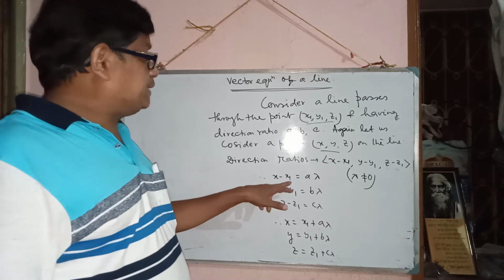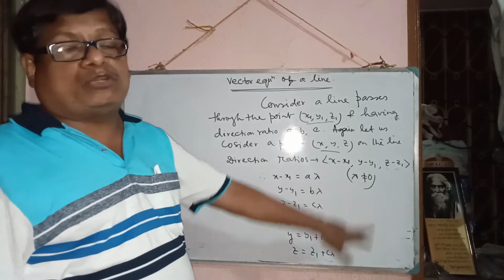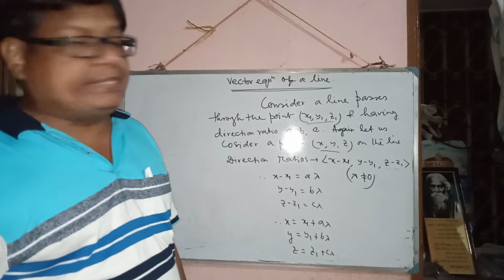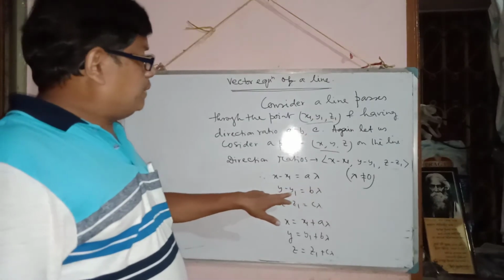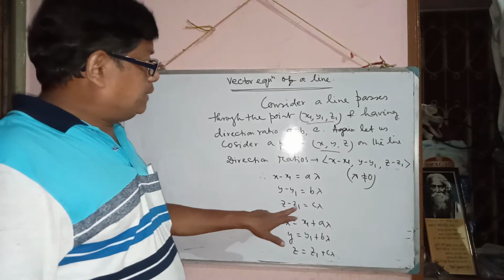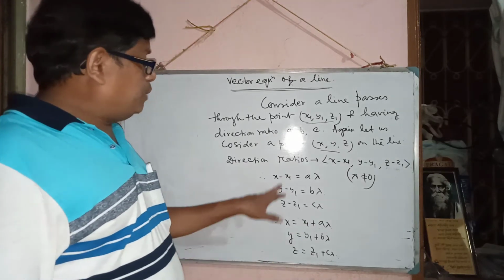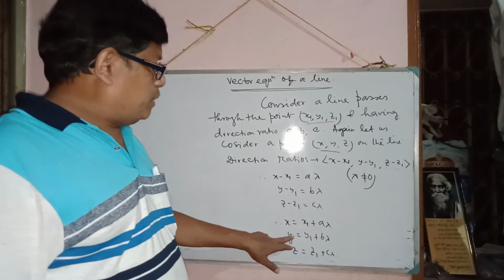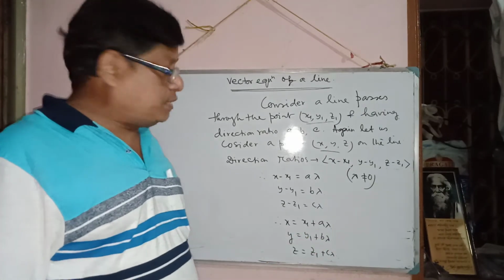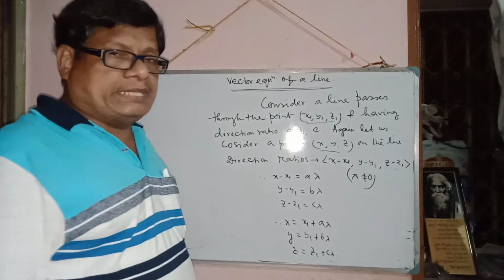Then x minus x1 equals A lambda, where lambda not equal to 0 is a parameter, y minus y1 equals B lambda, z minus z1 equals C lambda. So x equals x1 plus A lambda, y equals y1 plus B lambda, z equals z1 plus C lambda.